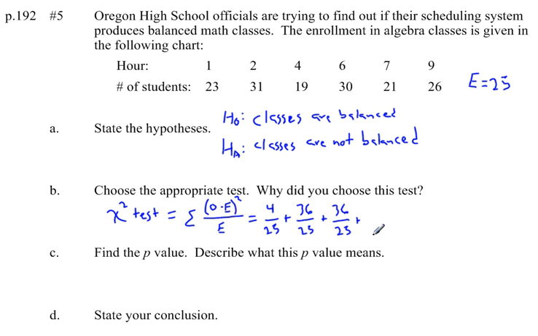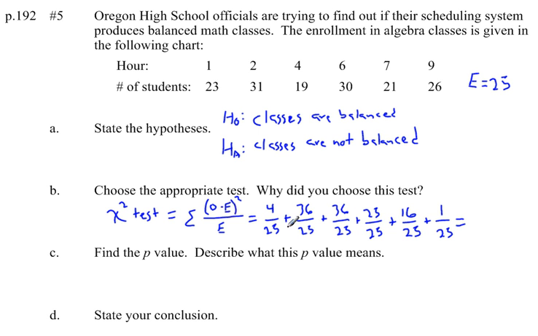Square that, we get 25. For the next value, 21 minus 25 is negative 4. If we square that, we get 16. And the last one up here, 26 minus 25 is 1. And if we square that, we get 1.